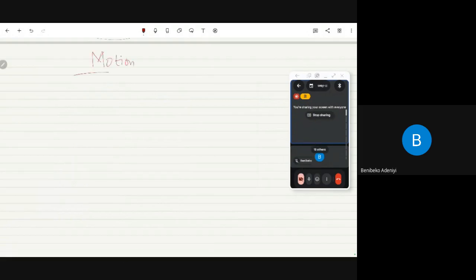Motion. In motion, we are going to come across some quantities that we are going to play with a lot: distance, displacement, speed, velocity, acceleration.